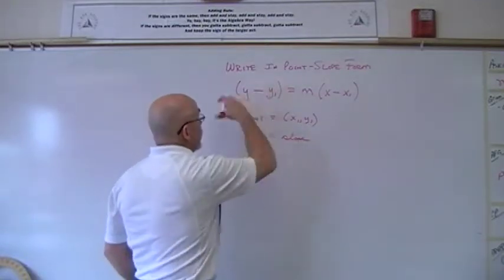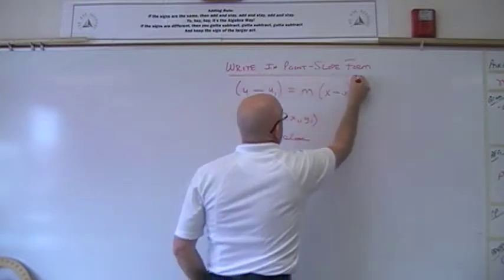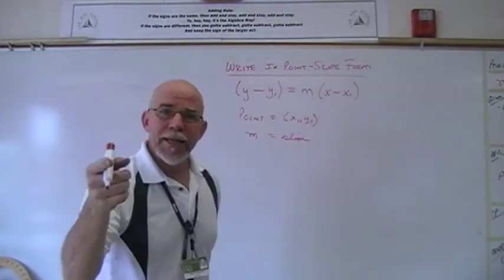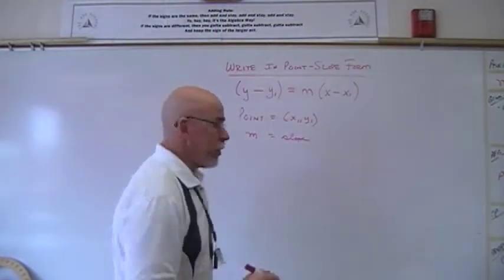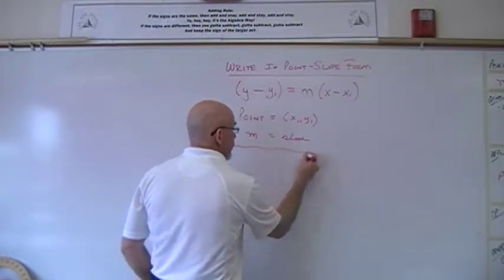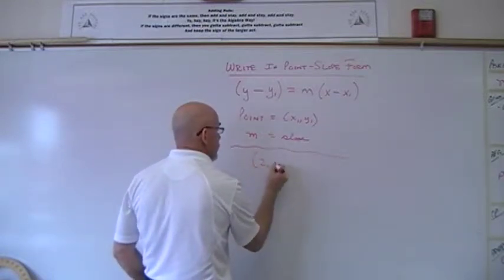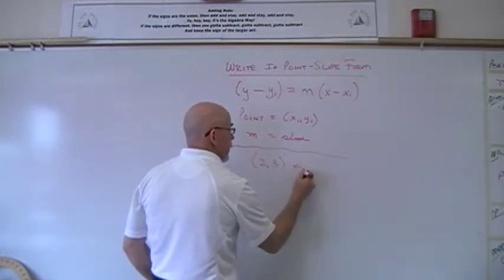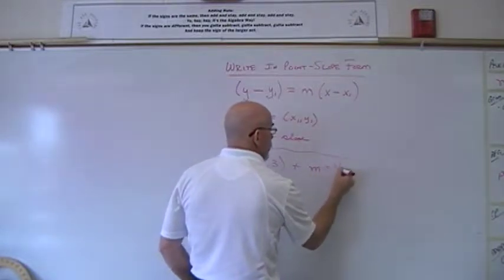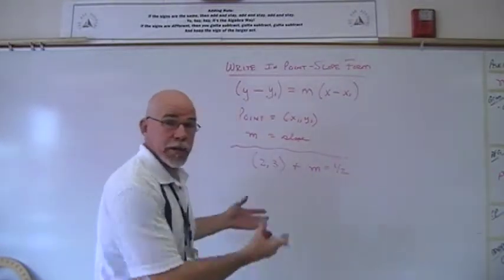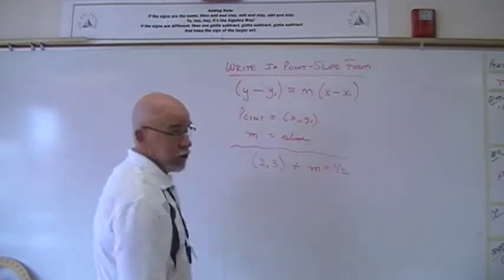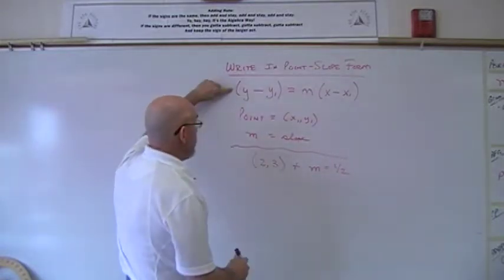So what we're doing today is learning how to write in this point-slope form based on the fact that you're going to be told that a line goes through a point and that it has a slope of some value. So really all this is just learning how to substitute those values into this equation.